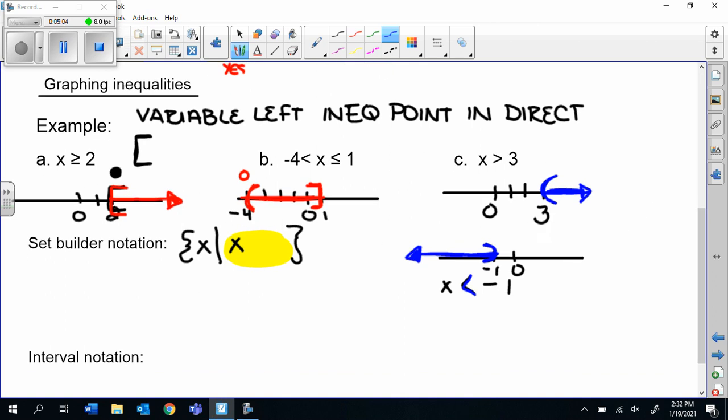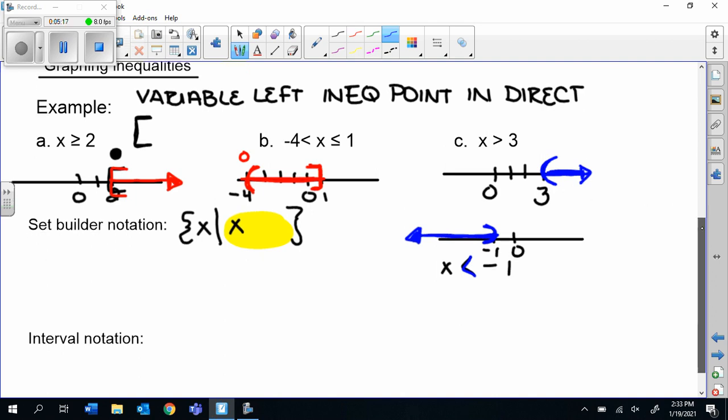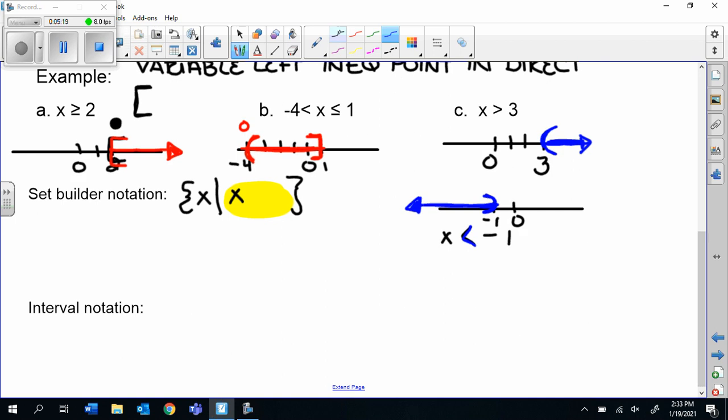All right, we're going to take these same examples and we're going to rewrite them in two different ways. One as set builder notation, which is not my personal favorite, and two, interval notation, which both are used in college algebra, both are used in pre-calc, and if you have to move up to the calculus level.